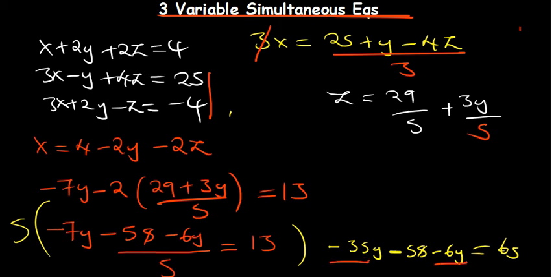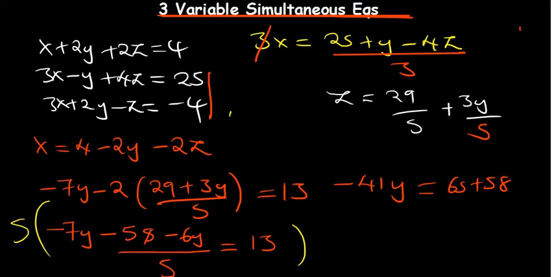This part and that, so negative 41y, and then we can have the other side, 65 plus 58. So 65 plus 58 is 123. So 123 divided by 41.